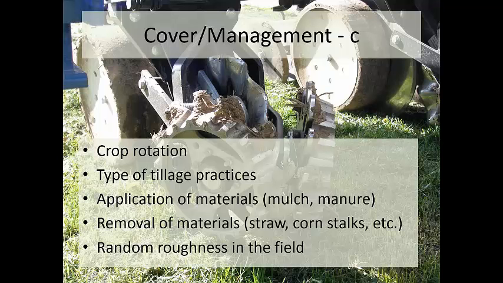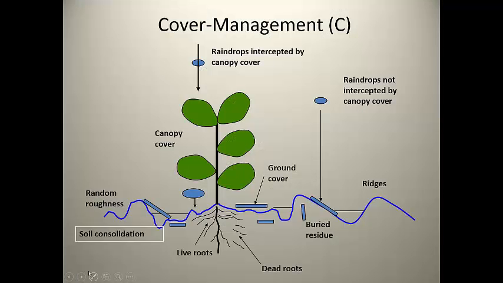The next variable within the universal soil loss equation is the crop management factor that deals with crop rotation, types of tillage practices, application of materials such as mulch and manure, the removal of material such as corn stover, and then random roughness in the field. So all this is related to what we refer to as the C factor.